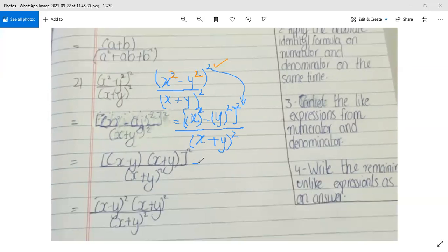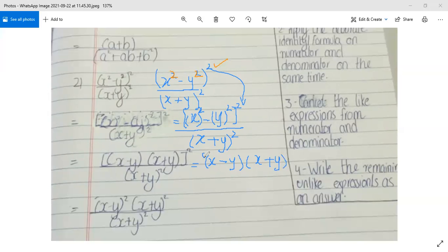In this second step, we are applying x minus y and x plus y, bracket close.